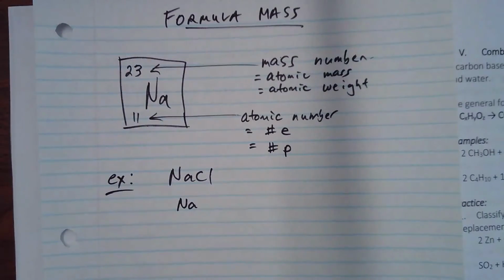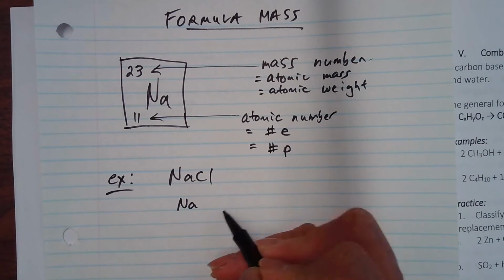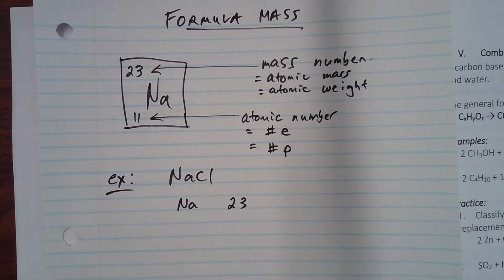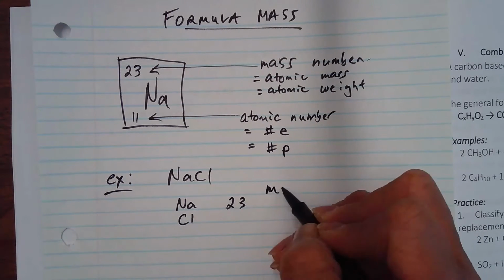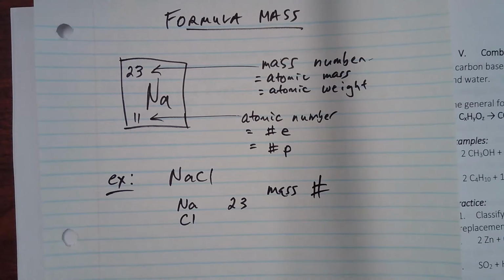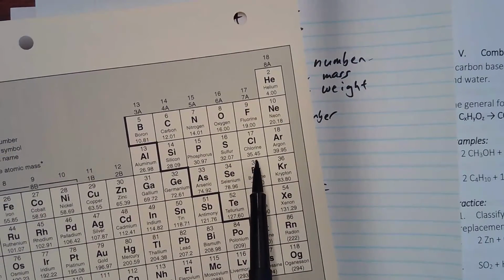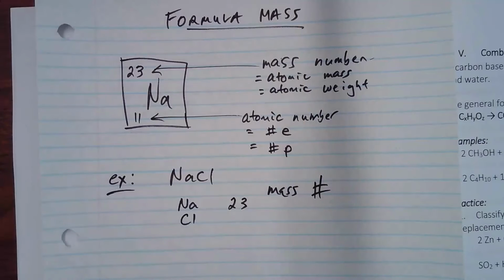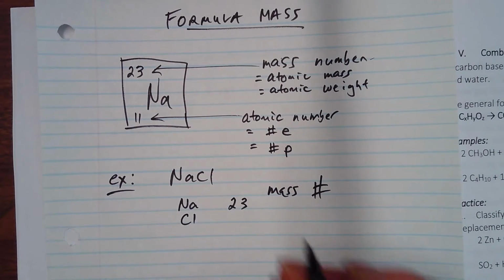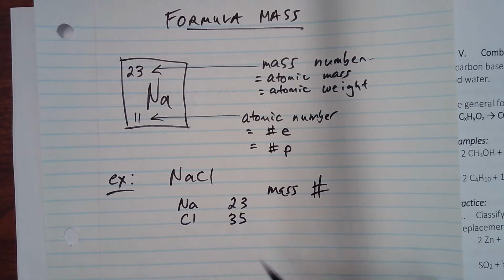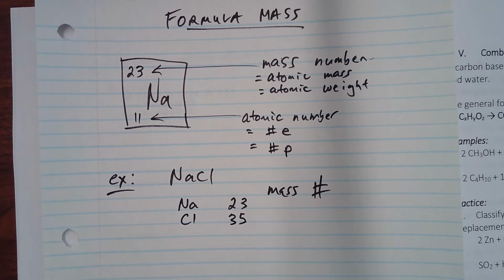We round it off to 23, right? So the mass number is 23, and then chlorine. You're using the mass number for this one, not the atomic number anymore. Okay? Chlorine, you take a look at your periodic table, it says 35.45. We can just leave it as 35. That's the mass number.